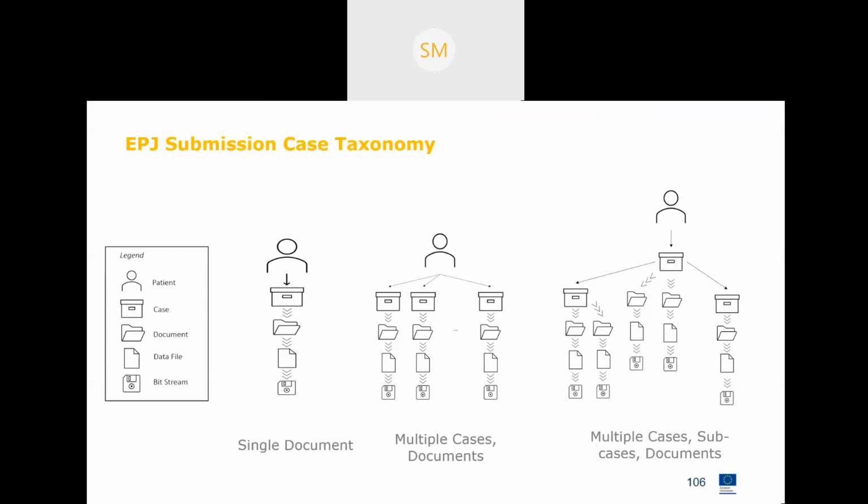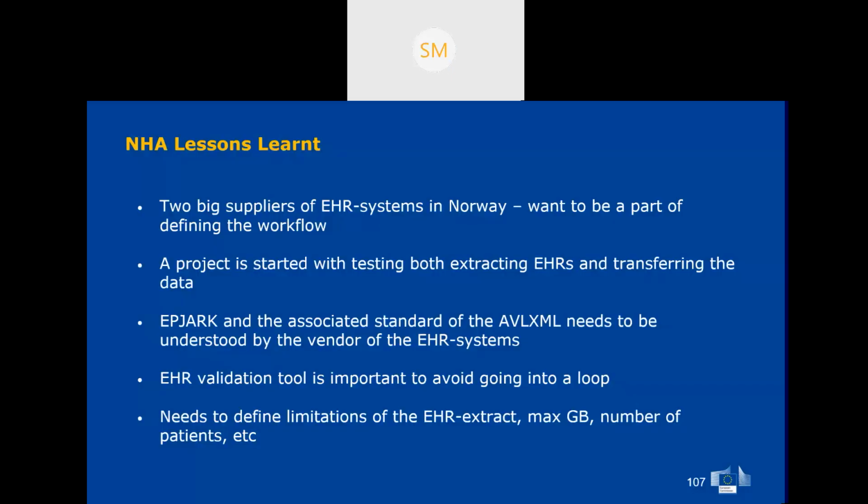And this varies widely depending on the age of the systems and sophistication, the sizes of the organizations that are extracting the data, and can range from just a single summary document for an entire patient record up to a very complex structure based on cases, documents, files, and byte streams, which together form a complete linear patient medical record. So this case structure has been incorporated at the heart of the eHealth1 content information type specification. Next, please.